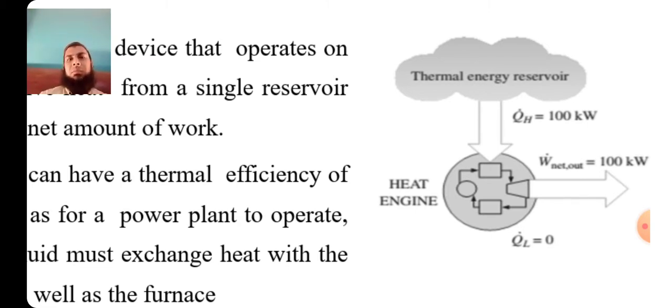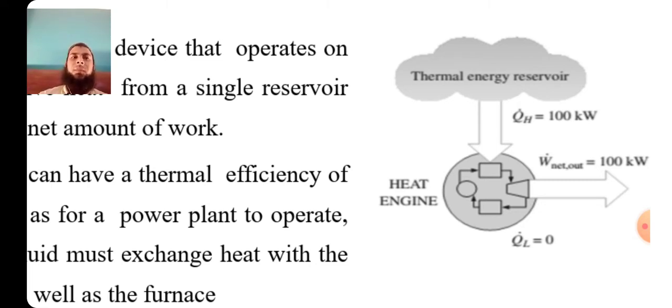So definitely it is not possible, because when you combust, we don't have a perfect insulator. In the real cycles or in the real world, when we combust the gas or the coal, some of the energy will be released in the surrounding.